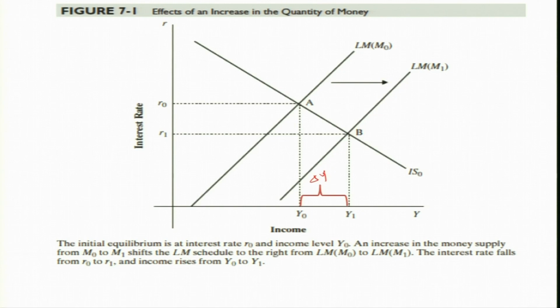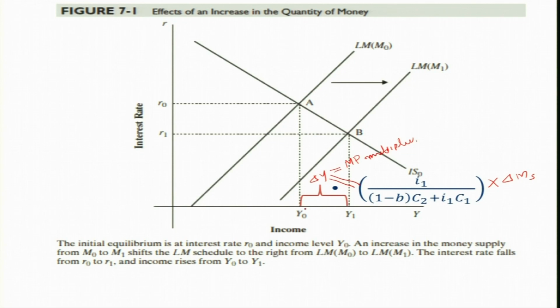We get del y equal to the monetary policy multiplier that we derived in the previous slide times del ms. So you can see that because of the increase in money supply, output increased from y0 to y1, this del y, which is the multiplier times the money supply.